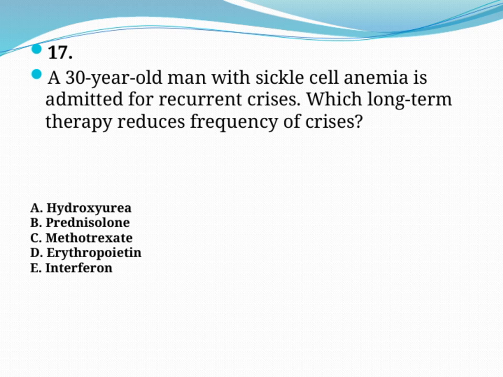And then there's interferon, which is used for certain viral infections and some cancers, but it's not relevant for sickle cell management either. So, in the context of reducing the recurrence of crises, hydroxyurea stands out as the most effective long-term therapy. This highlights the importance of targeted treatments that modify the disease process itself, rather than just managing symptoms.